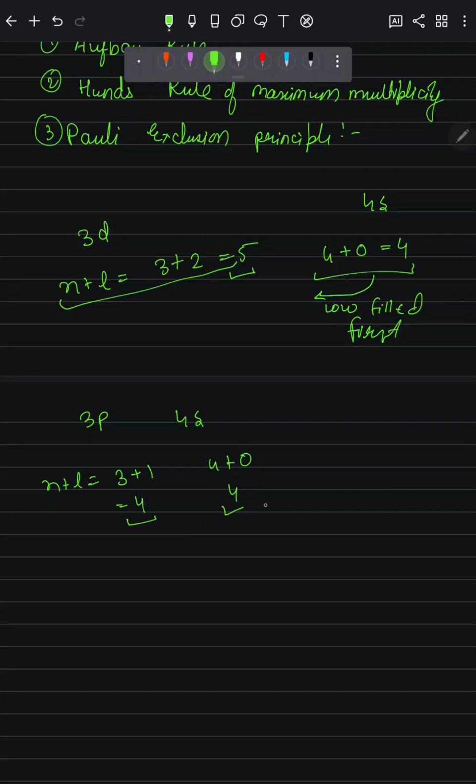So both values are the same. In this condition, we prefer the lower value of n, so 3p comes first. The value of n is considered first, so 3p is prioritized over 4s. This is what the Aufbau rule tells us.